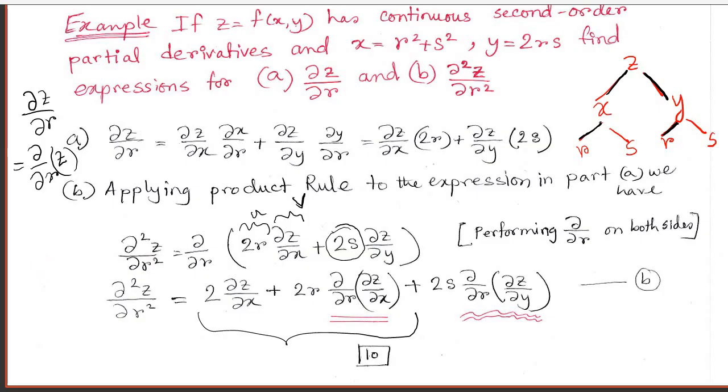So in part A we already had d by dr into z, which is equivalent to this.